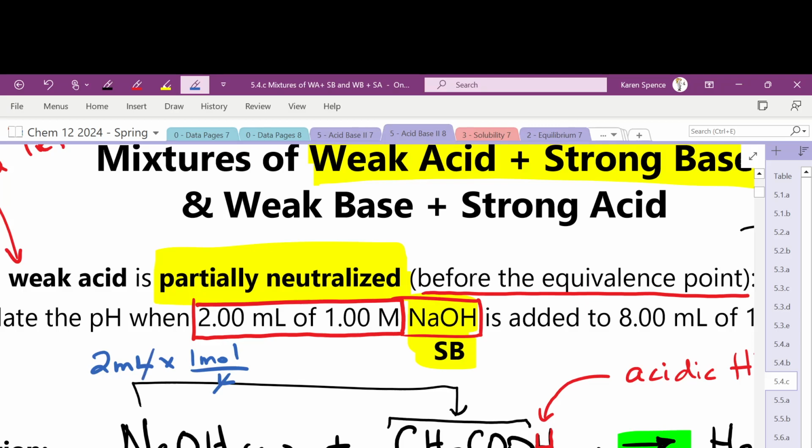I still have the milli, so that gives me 2 millimoles. And because there's one OH here, that's going to be 2 millimoles of OH minus.